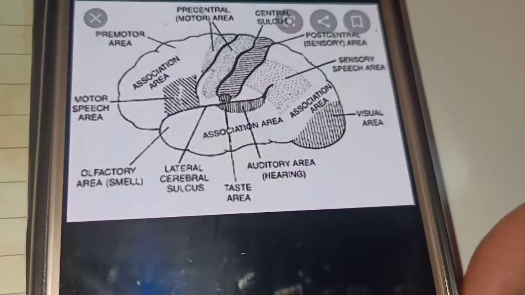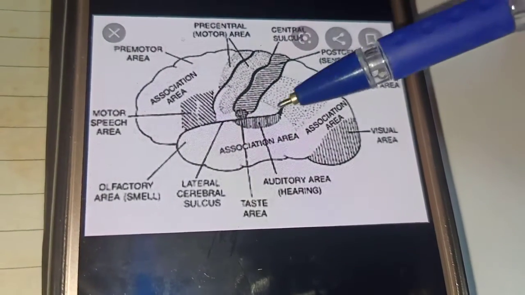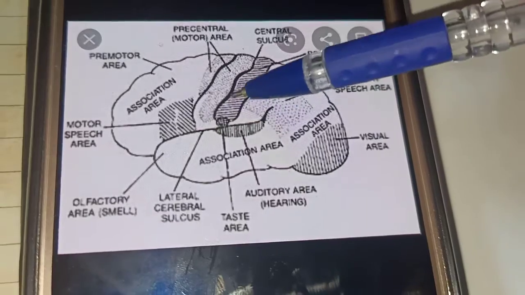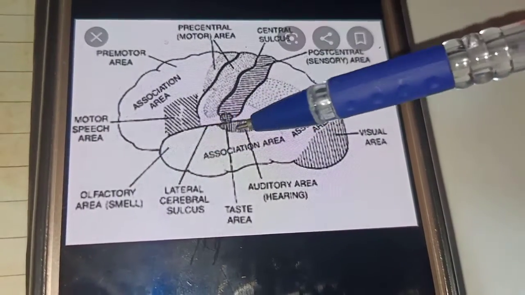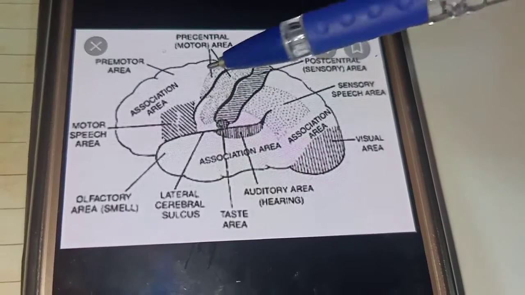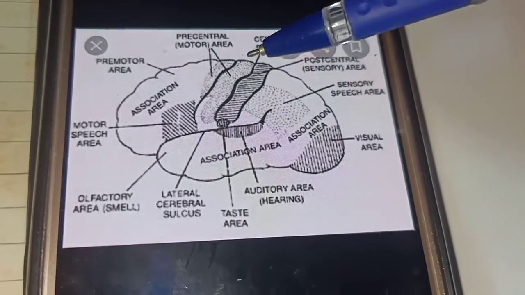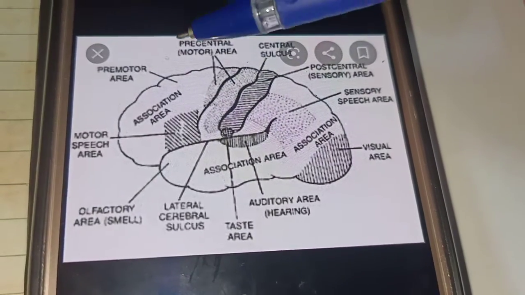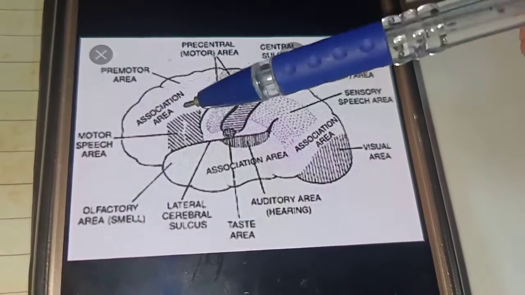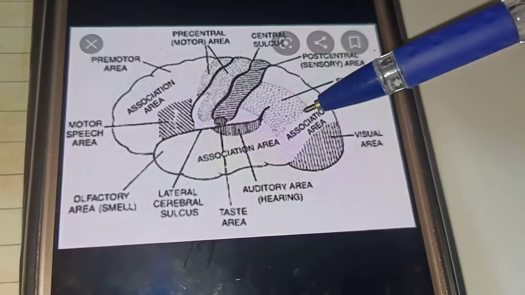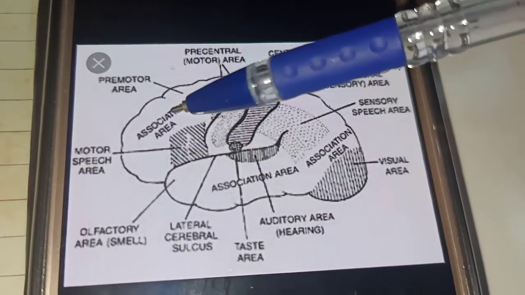For just an introduction to the functional areas of the cerebrum, just look at this diagram. This is the central sulcus, this is the lateral sulcus and this is the parieto-occipital sulcus. This is the frontal lobe, the temporal lobe, the parietal lobe and the occipital lobe. You can see the association area is present at the frontal pole, the temporal pole and the occipital pole. Okay. So this is the association area.